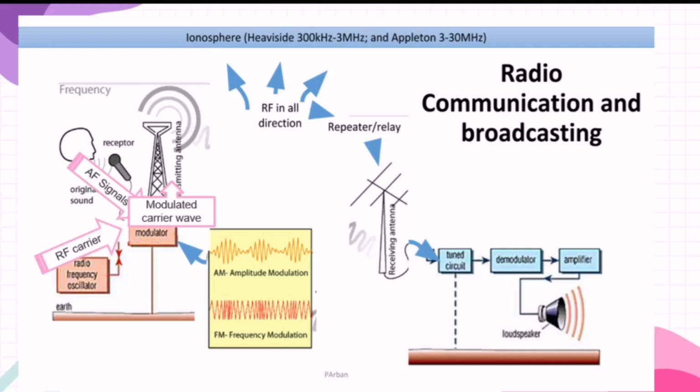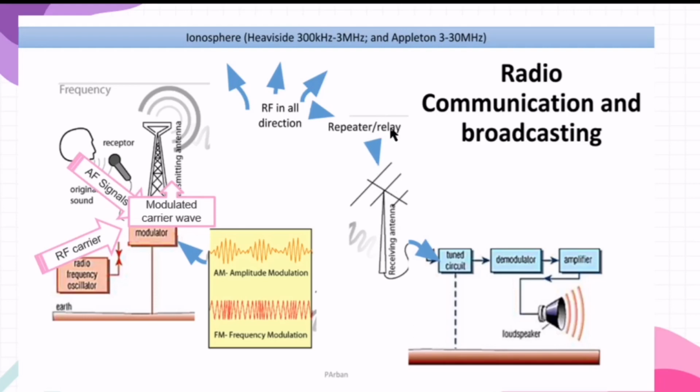The changing current in the transmitting antenna generates radio waves that travel in all directions. Okay, now with the help of the ionosphere, the radio wave will bounce back to the receiving antennas here on Earth or the repeater relay.